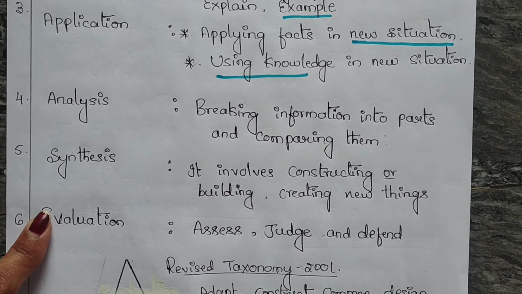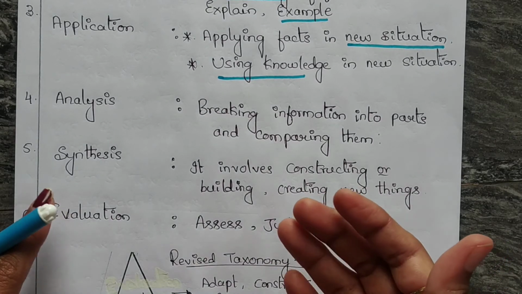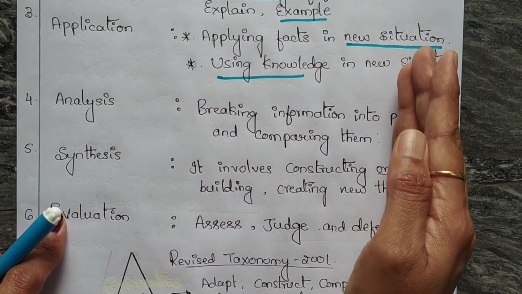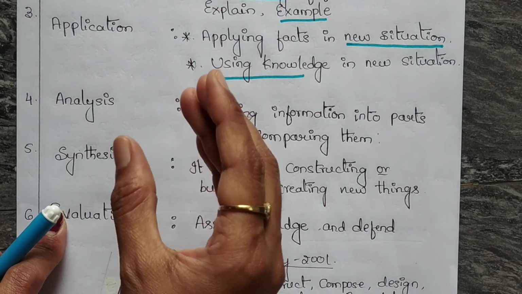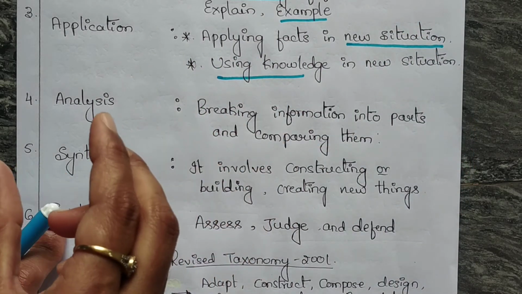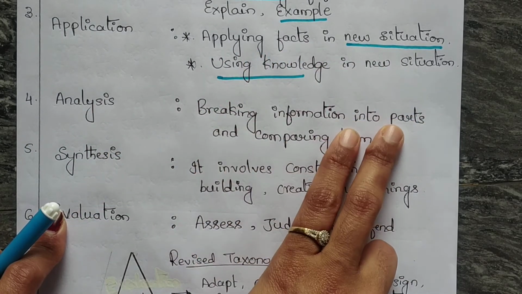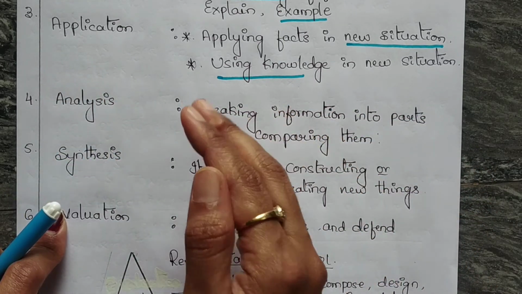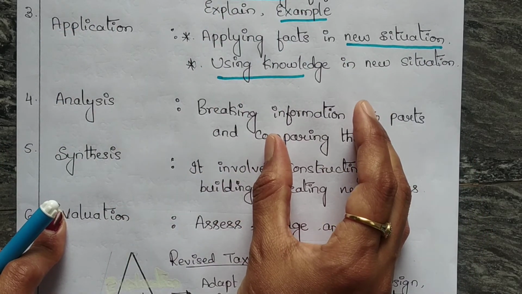Next one is analyzing. Analyzing involves examining and breaking information into components or parts, determining how these parts are related to one another, and finding evidence to support generalizations. Simply put, analysis means they are able to break the information into parts and compare the parts.